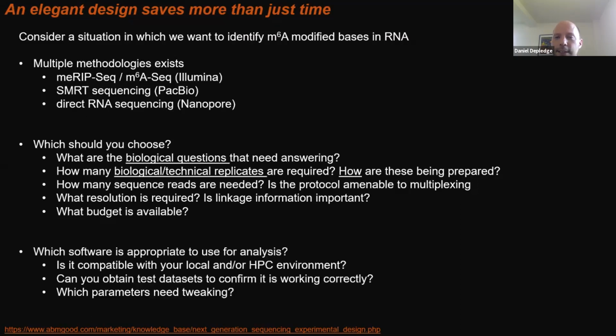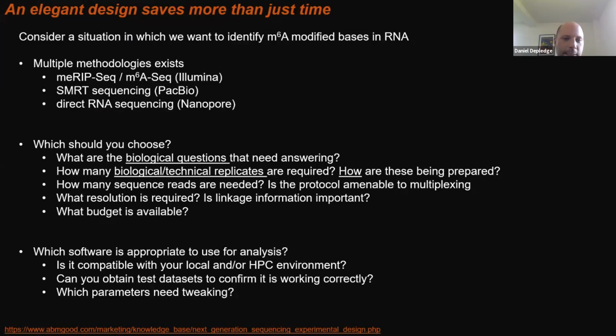And then even before you start with that, you need to think about software for analysis. What kind of software is out there? Are you going to have to write something yourself and test it and then try to get it published and deal with reviewers who don't like it? Is it something you can get working on your local computer? Does your local computer have the capacity to handle large sequence data?